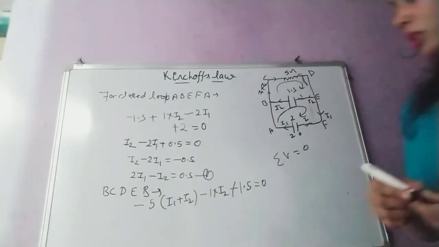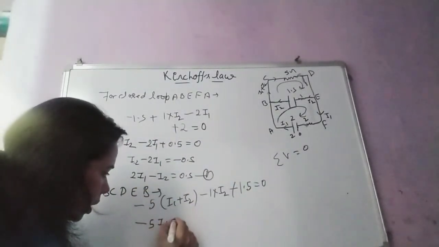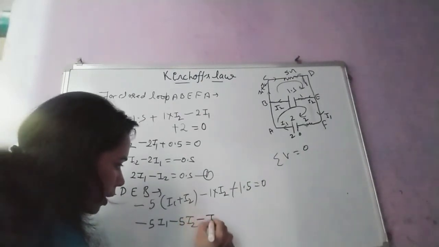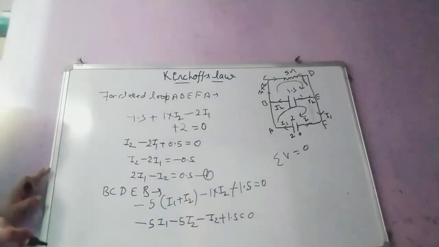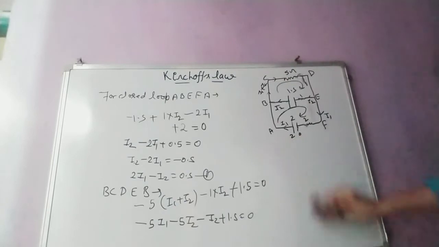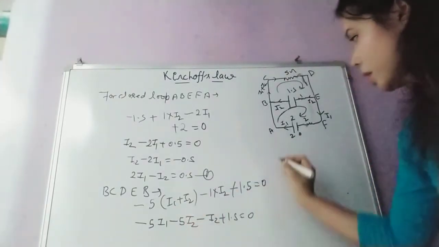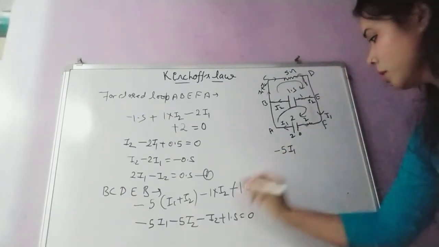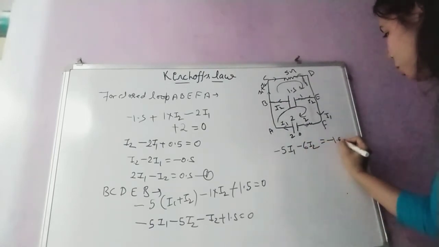Now I will solve it. So this is minus 5 I1 minus 5 I2 minus I2 plus 1.5, that is equal to 0. Okay, now I will write this side. So this is minus I2, and this one minus 6 I2. So it is minus 5 I1 minus 6 I2 equals minus 1.5.